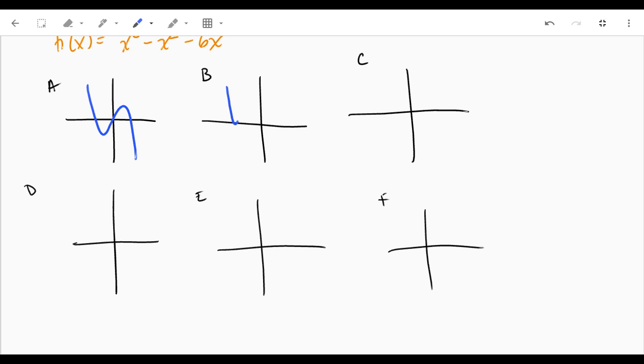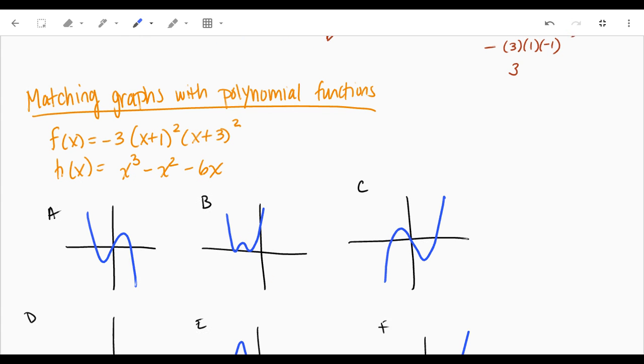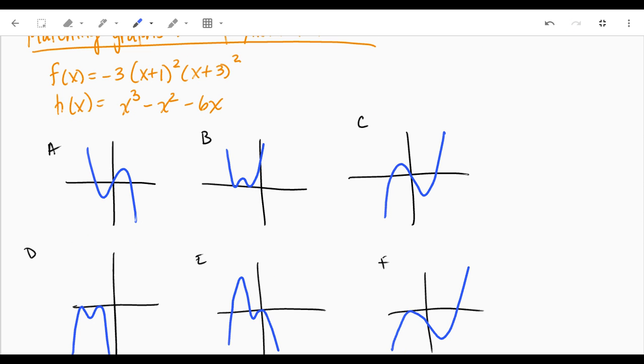Graph B looks like this. Graph C looks like this. D looks like that. E, let's see, I think it looks like that. And then F looks like that. So you can kind of use process of elimination a little bit here.